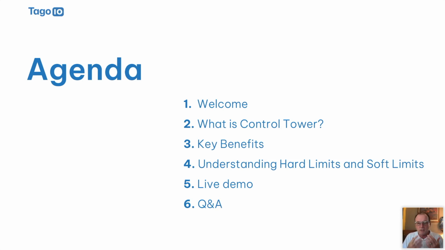So we thought, let's have a webinar and try to explain this to people because there are some questions about it. As a customer success manager, I sometimes get questions about Control Tower, as well as hard limits and soft limits, which we'll be going over so you can understand what are hard limits and soft limits and what can you do with them, right? We're also going to be giving a live demo and a Q&A.